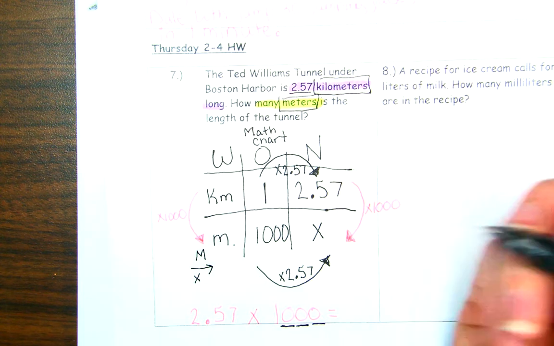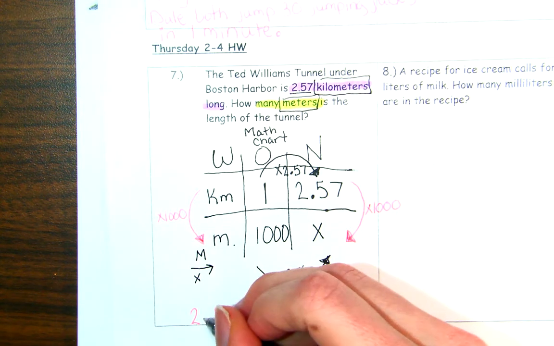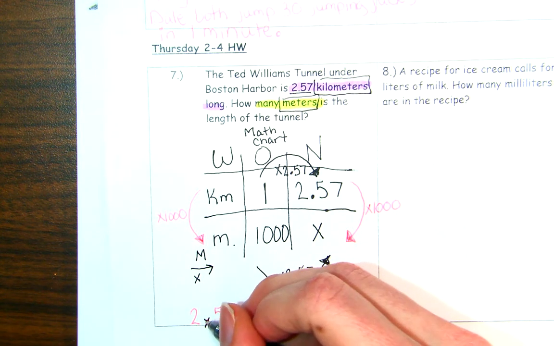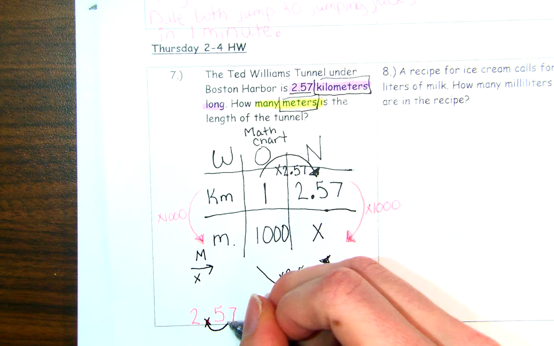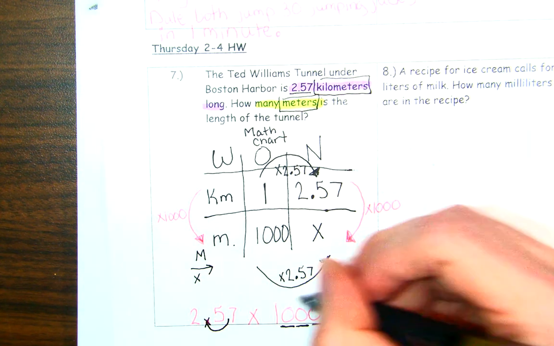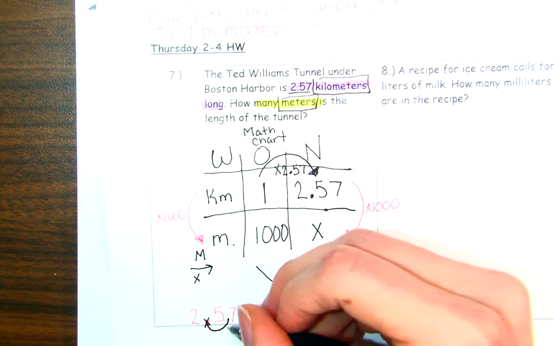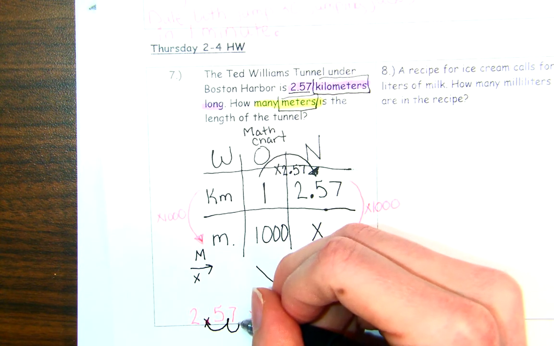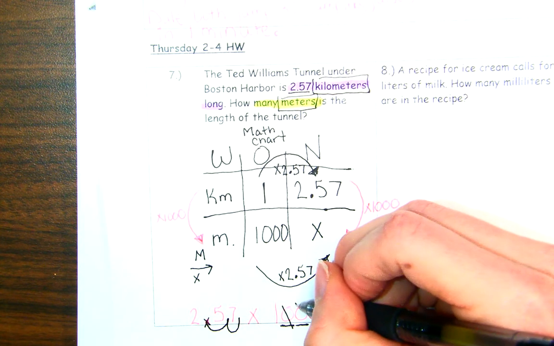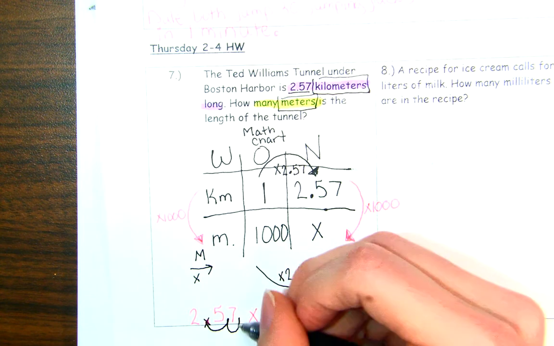If I move the decimal just once to the right, I just multiplied by 10. If I move my decimal twice to the right, I just multiplied by 100.